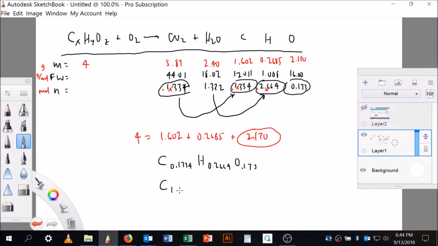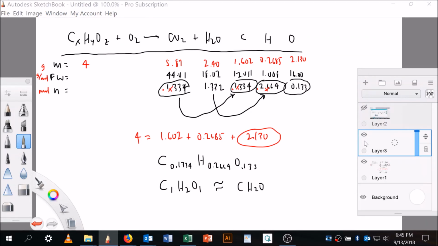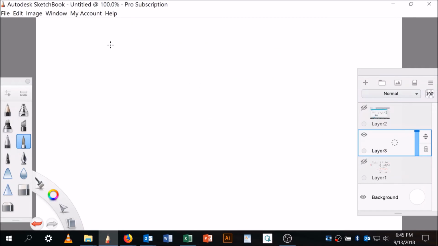We get C1 H2 O1, or CH2O. Okay, now I'm going to go to a new layer because I'm getting confused here.